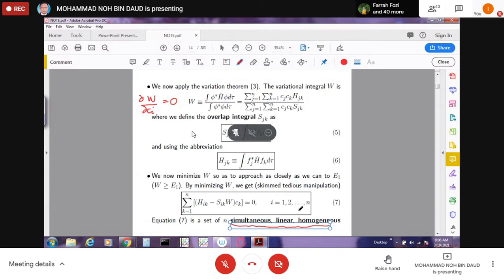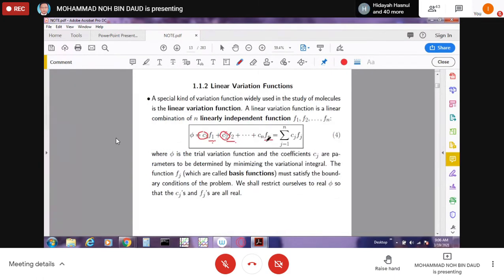And in each of these, if we have n basis functions, this summation is over the number of basis functions.